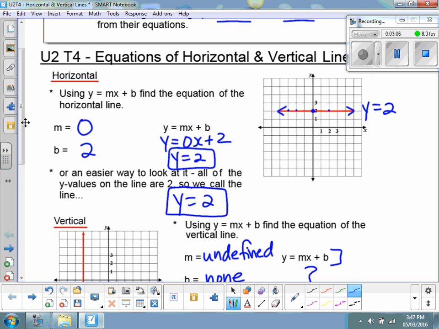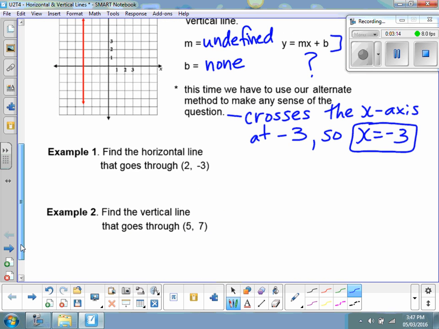Because this line up above is crossing the y-axis at 2, so the equation of that line is y equals 2. So anytime you're dealing with horizontal and vertical lines and trying to find the equation for those lines, it's important to probably avoid y equals mx plus b and just get a look at the picture of what the line looks like to come up with the equation.